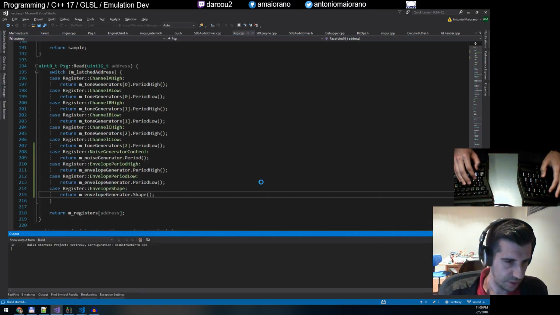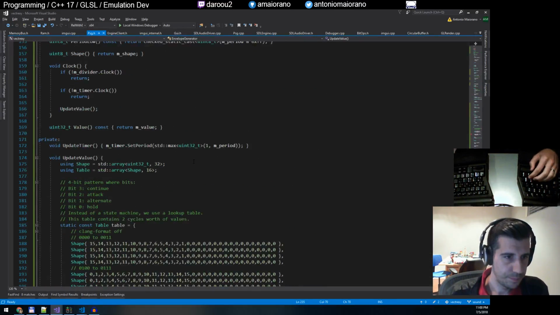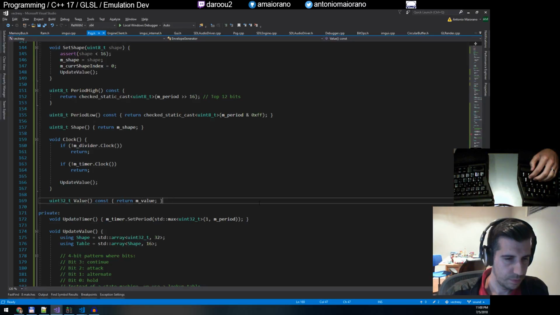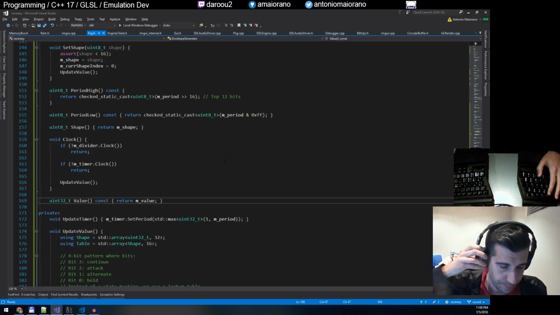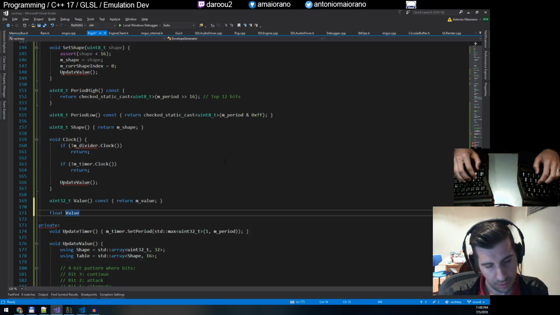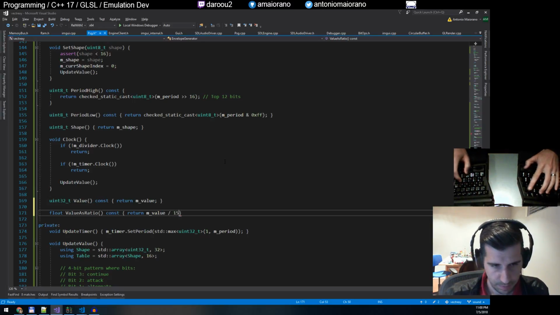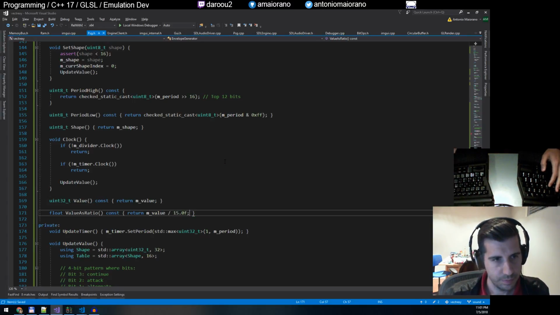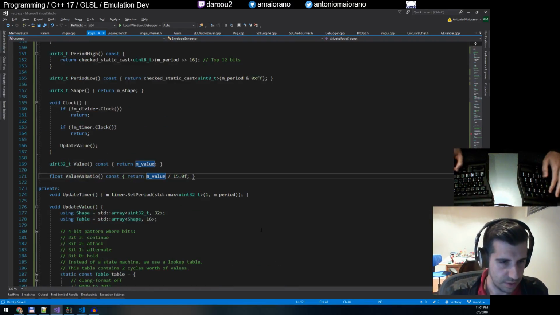We are getting close. We can now start actually making use of this. Our value should pretty much always be 0 to 15, so that should work.